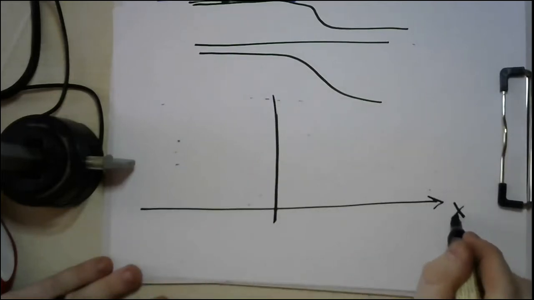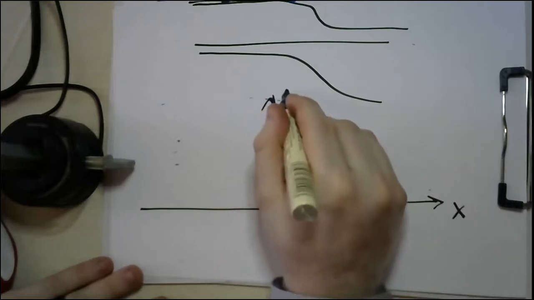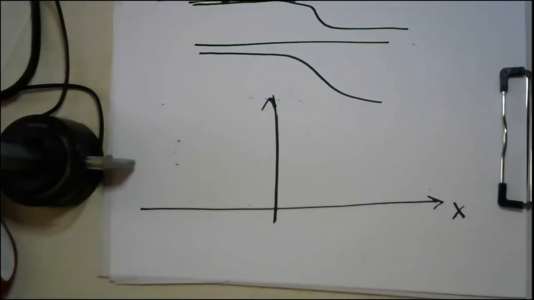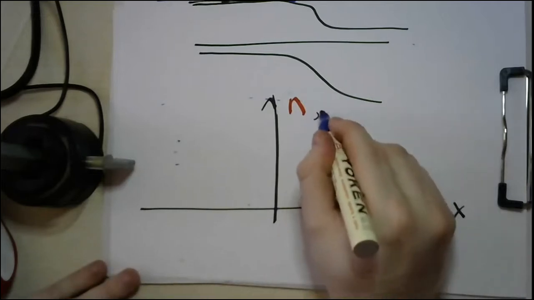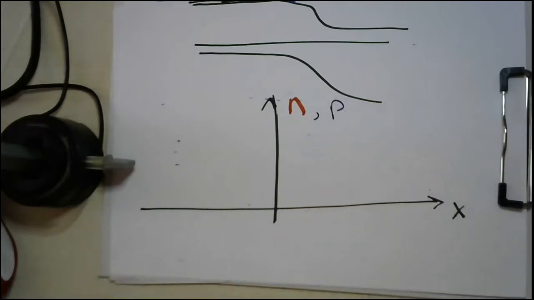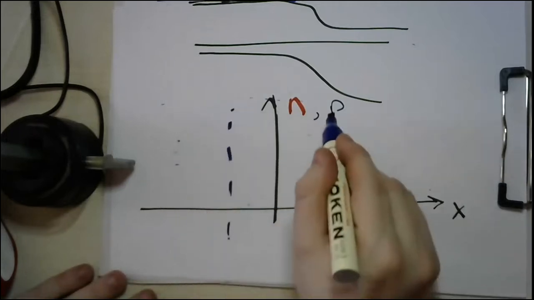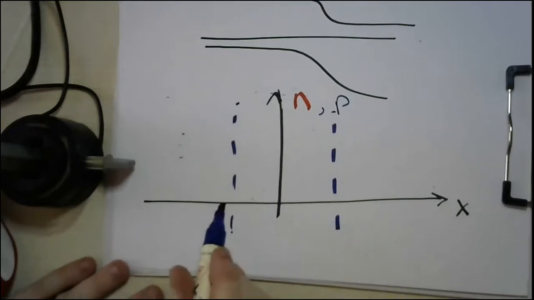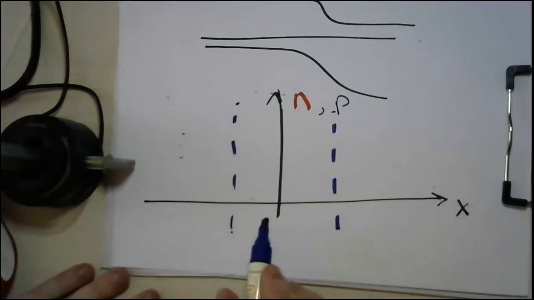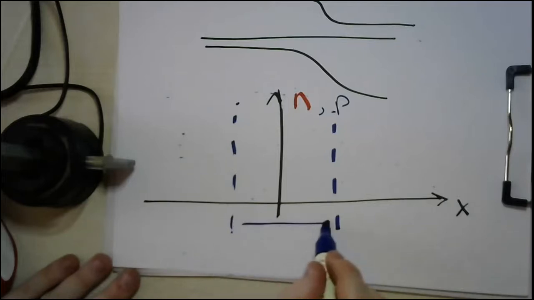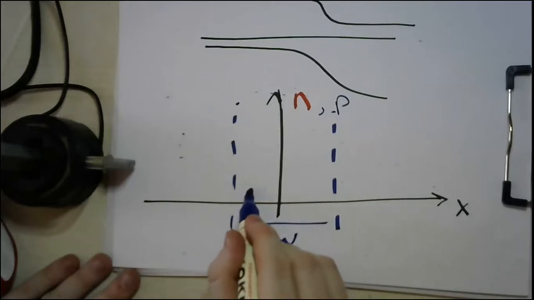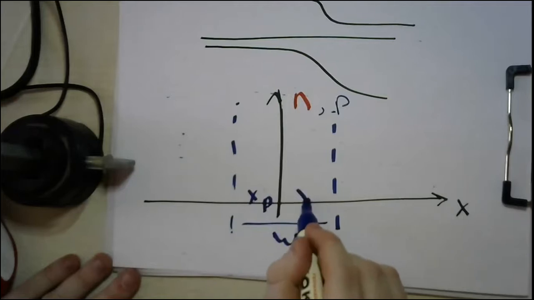This is x, or the distance, and this is the NNP. Again, if you remember, my dear students, we can divide our semiconductor p-n junction into 3 portions. This is the p region, this is the n region, and this is the depletion region. The total width here is W, this is XP, and this is XN.